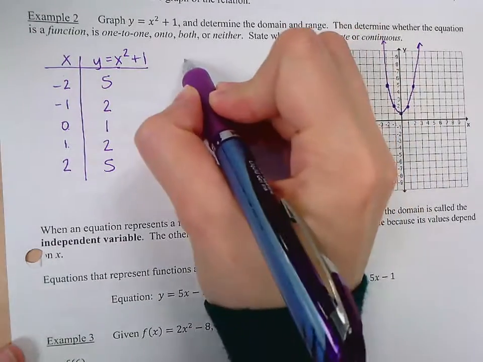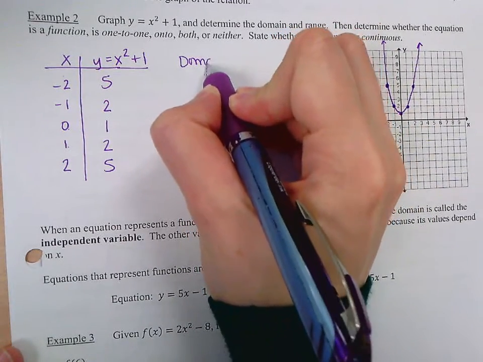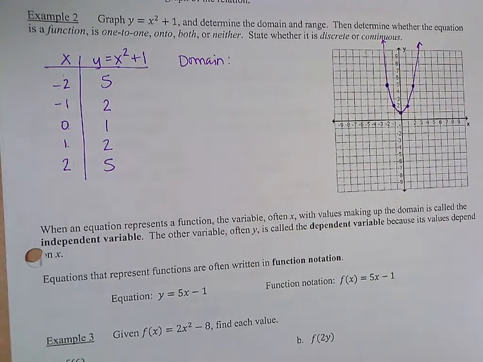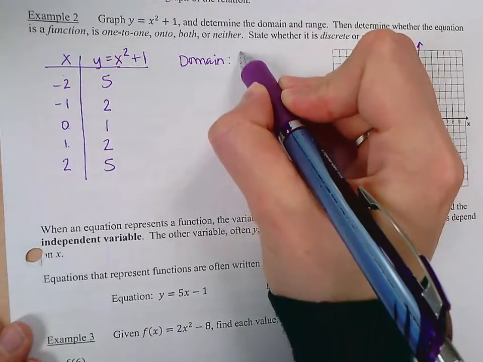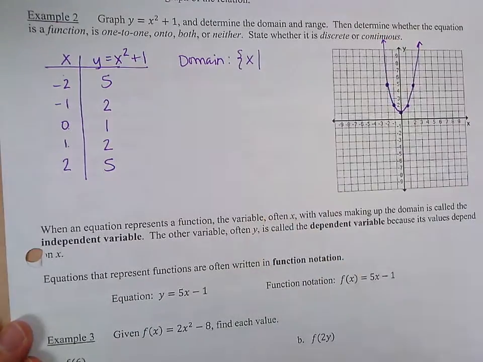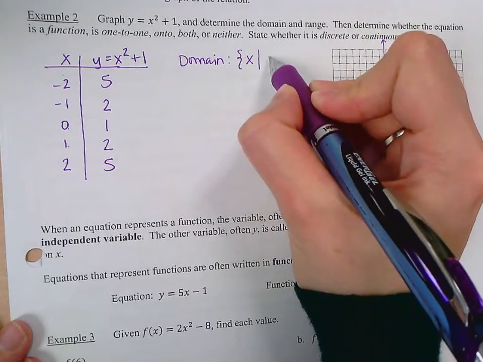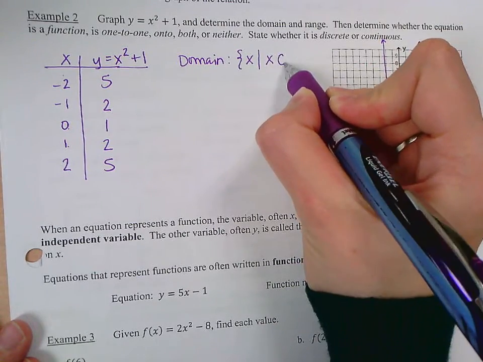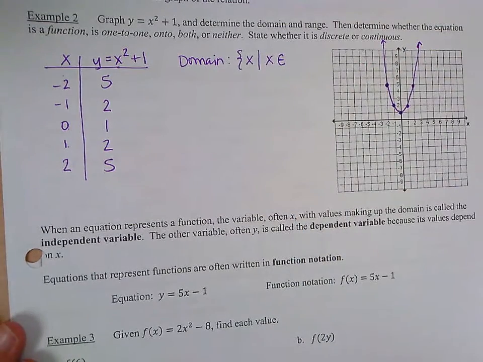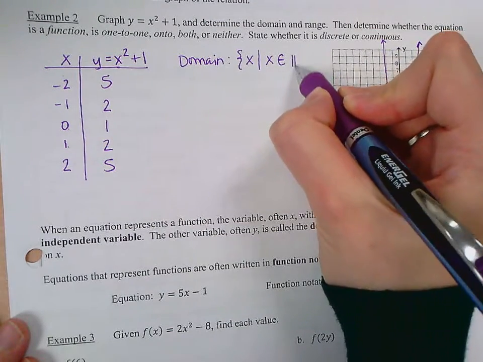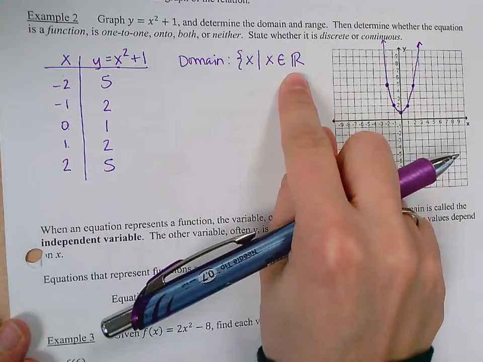So the domain, I'm going to show you the set builder way to write it. So you have a brace, domain is x values such that, and this is how we would write it, it's x, and then it's a fancy looking E. It's like you make a C and then put a line so that it looks like an E. And then the all real number symbol is a capital R, but it has that double stem to it.